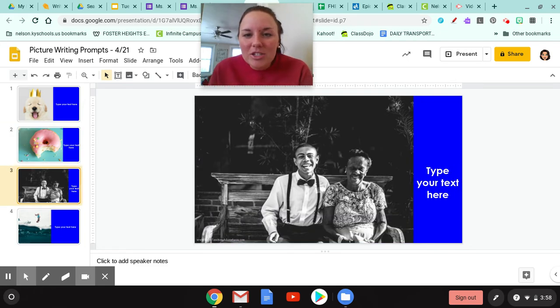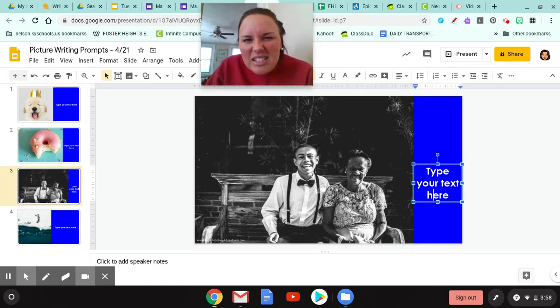This next one shows, if I had to guess, probably a grandmother and her grandson. He looks dressed up and she looks dressed up too. Maybe they're going to a dance or a nice restaurant, or I don't know. You guys can be creative and think about that. The text box here isn't very big, so you can just make a new slide.